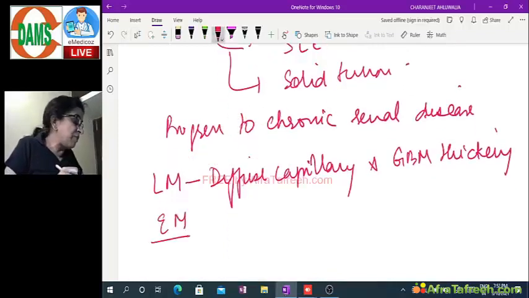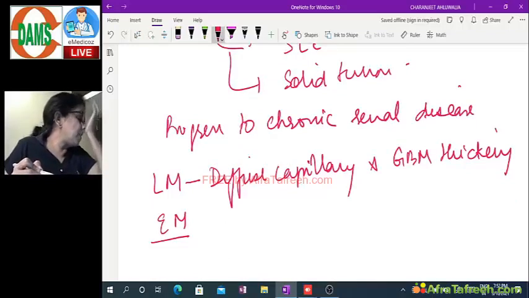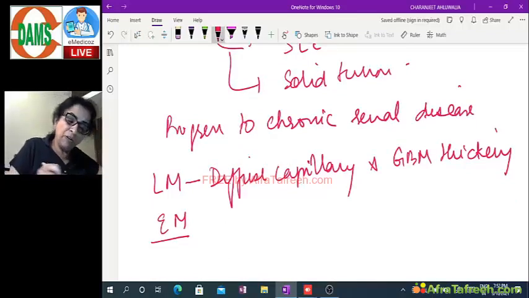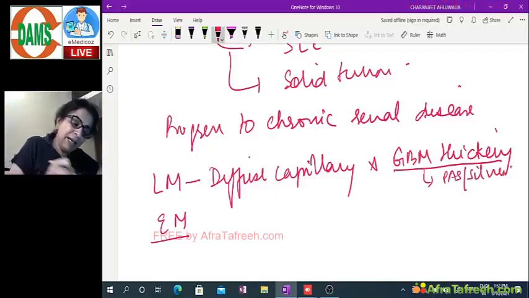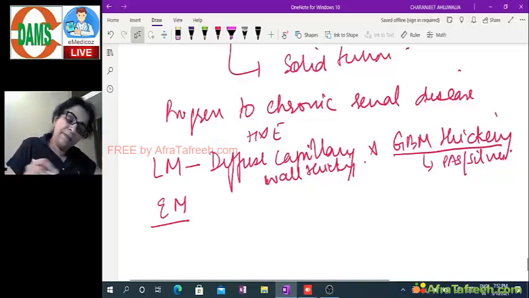GBM thickening, how will you see it? By PAS or by silver stain. On H&E what will you see? Diffuse capillary wall thickening. So you will just see that the capillary walls are thickened. By PAS and silver stain, you will be able to identify that this thickening is in the GBM.